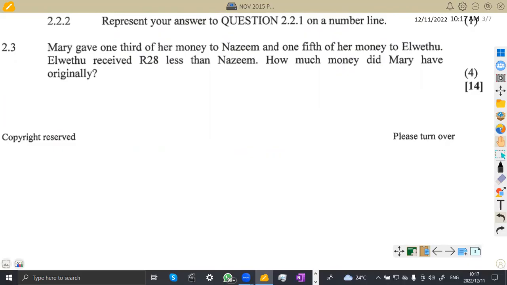All right. This is what you're going to do. The money that we have is given in terms of Mary. Okay, so this is Mary. So let's just say Mary's original amount was X. Okay, let it be equal to X, right? From this, we are given that she gave 1/3 to Nazim.